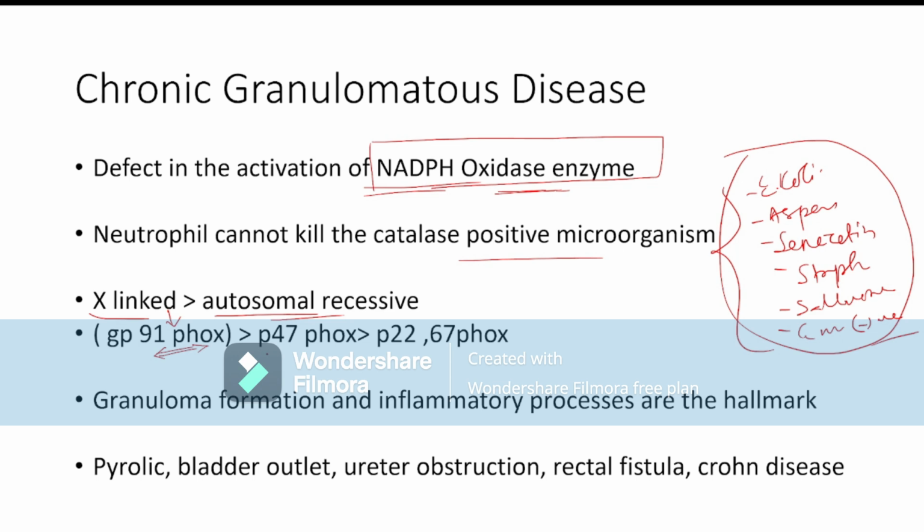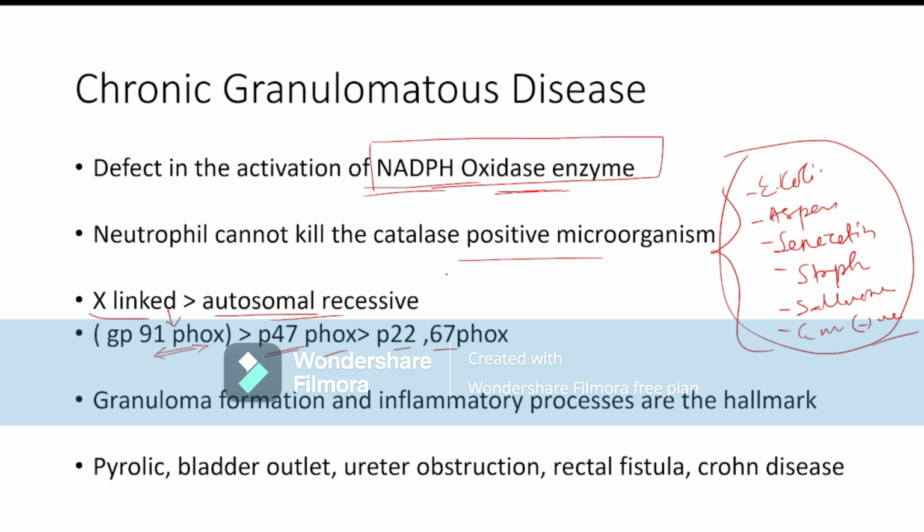After that, P47 phox gene defect, or P22 or P67 phox gene defect, also cause this chronic granulomatous disease. As the name suggests, the child is suffering from multiple episodes of recurrent pneumonia, or any deep-seated abscess, or any GI infections, or any infection in the body.